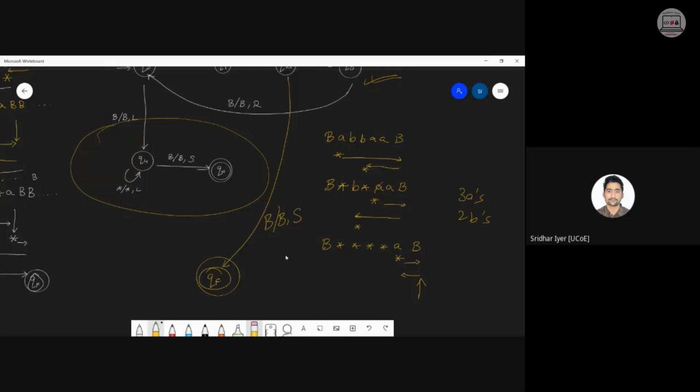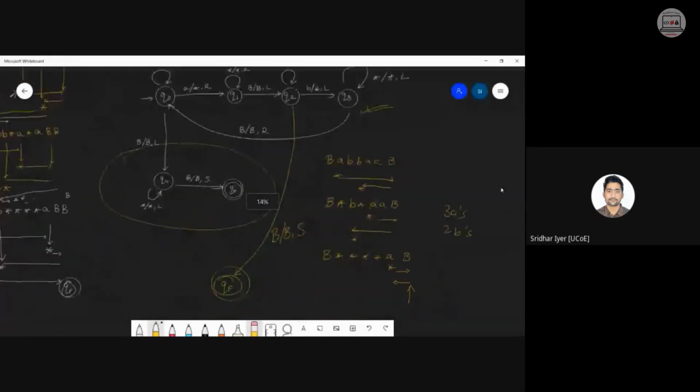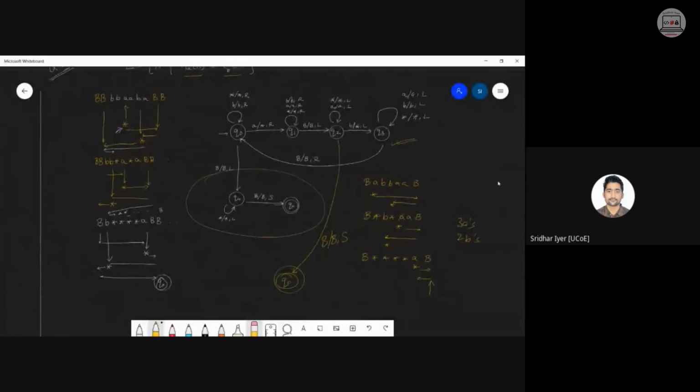We could simply conclude that our A is more than B. Is it clear? The logic is simple. So with just a single change in the existing diagram, we are able to convert that into a totally different kind of problem, right? Number of A's should be more than number of B's.